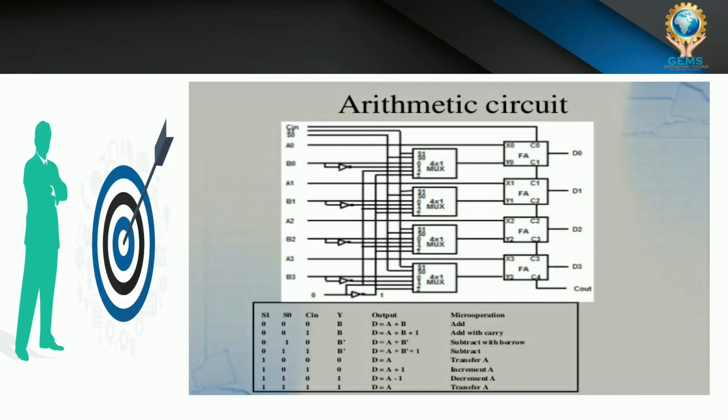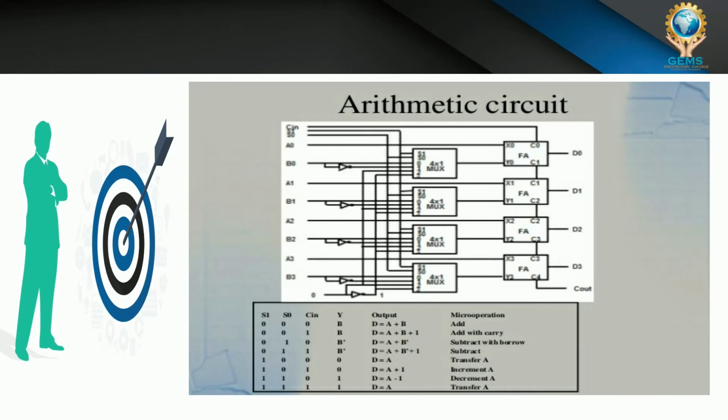If you select 0, 0, it will perform the addition operation. If you select 0, 1, it will perform the complement. If you select the selection lines 1, 0, it will perform the transfer. Like this, based on the selection lines in the arithmetic circuit, the operations will be performed.